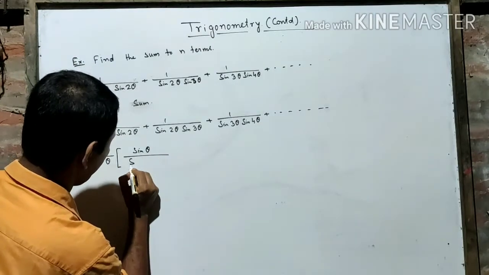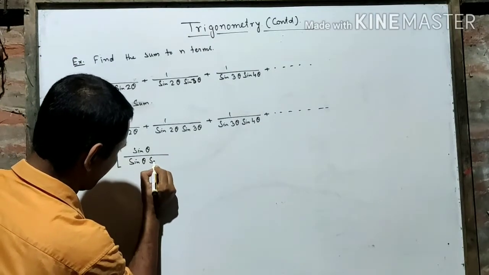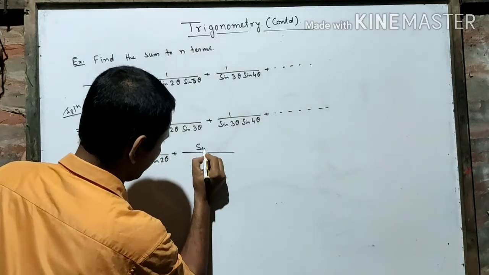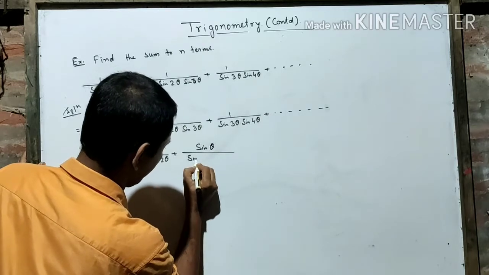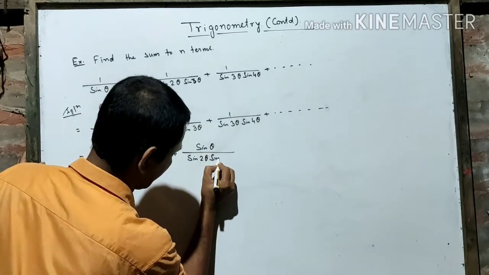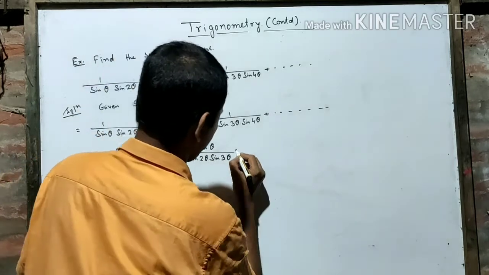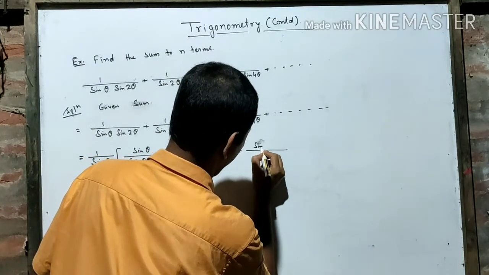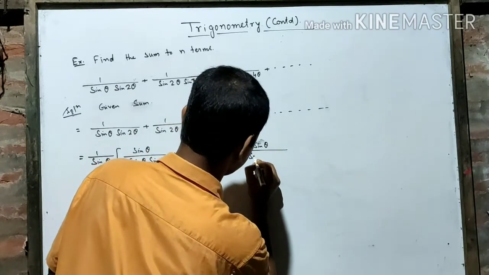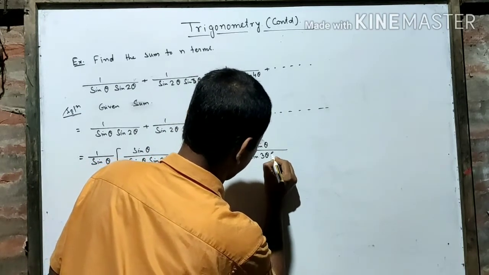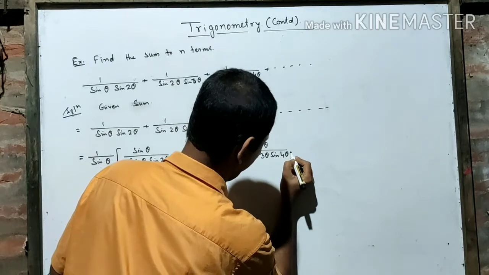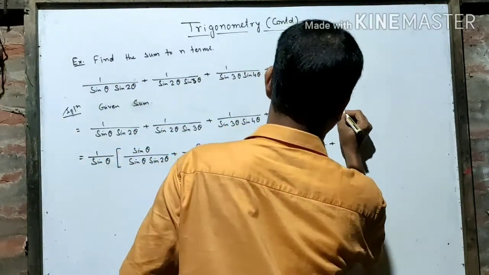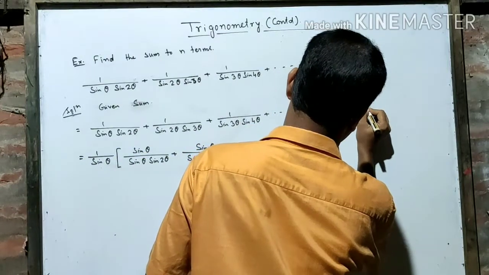So 1 by sin theta into sin theta by sin theta into sin 2 theta plus sin theta by sin 2 theta into sin 3 theta plus sin theta by sin 3 theta into sin 4 theta plus dot dot dot up to n terms.